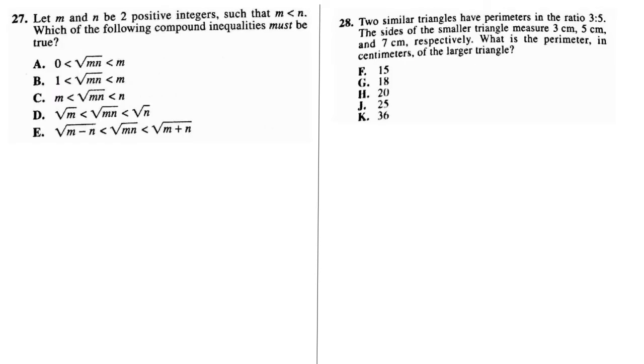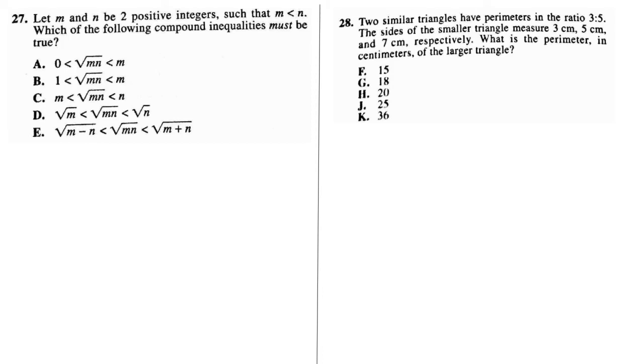Number 27, these problems always tend to confuse people. We have two numbers, m and n, and they have to be positive integers, and such that m is less than n. And notice that we're talking about some compound inequalities here. And notice we'll have to do the square root.